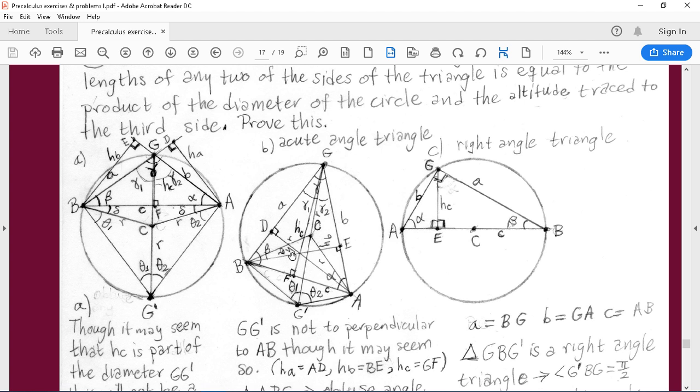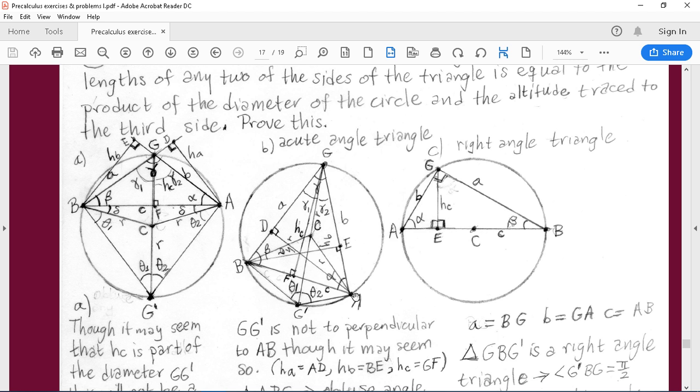I forgot to mention that the lengths of the sides of triangle BGA are such that the length of BG is lowercase a, the length of GA is lowercase b, and the length of BA is lowercase c.